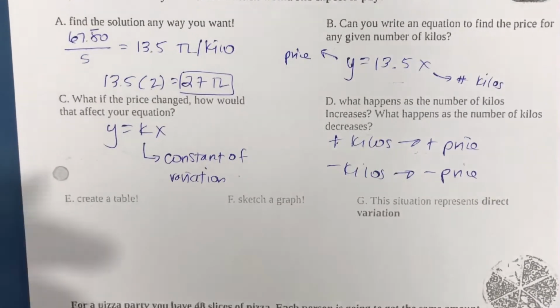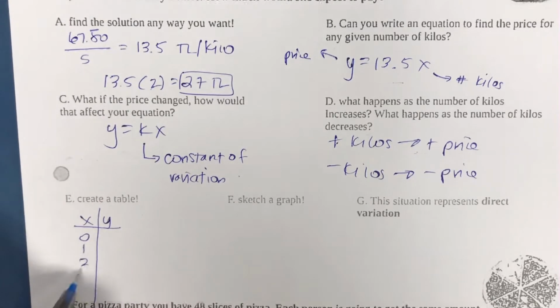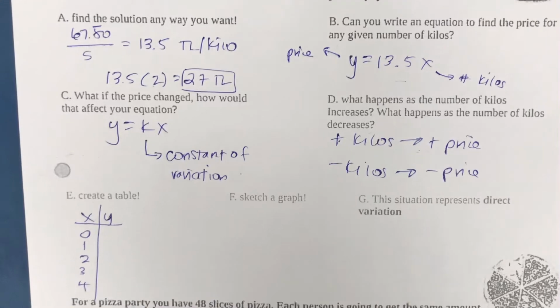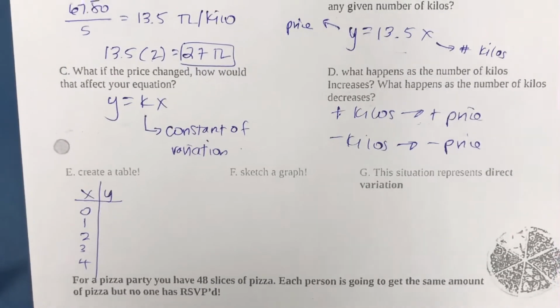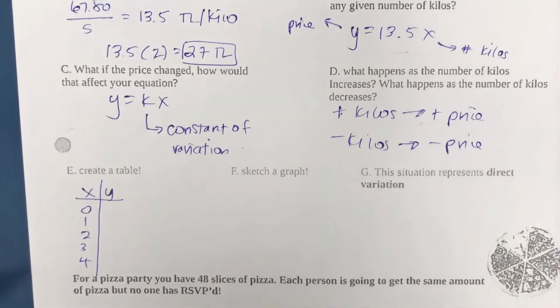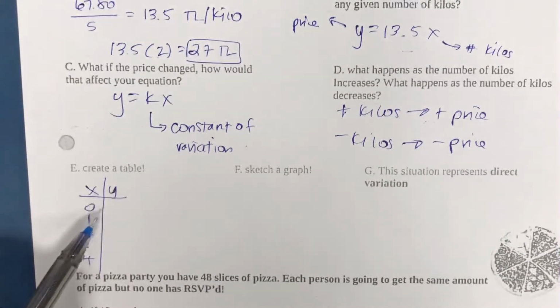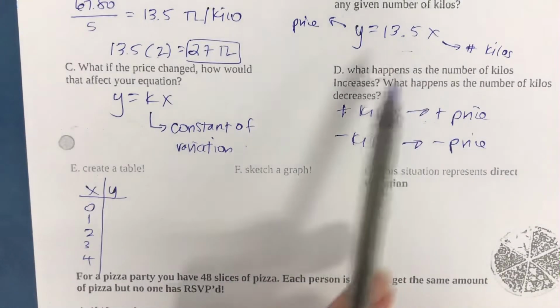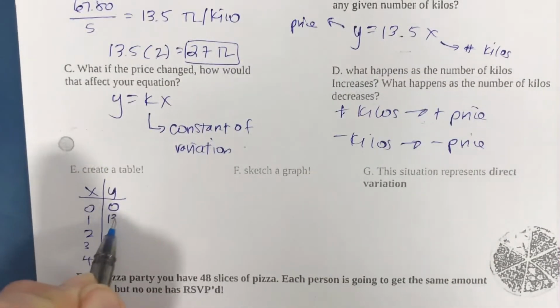So if we were to create a table, we put in some values for x, the number of kilos. I'm hoping if you think of linear equations, you think about what that looks like in a table. I could plug in 0 into x, and I get 0. I could plug in 1 and I would get 13.5.